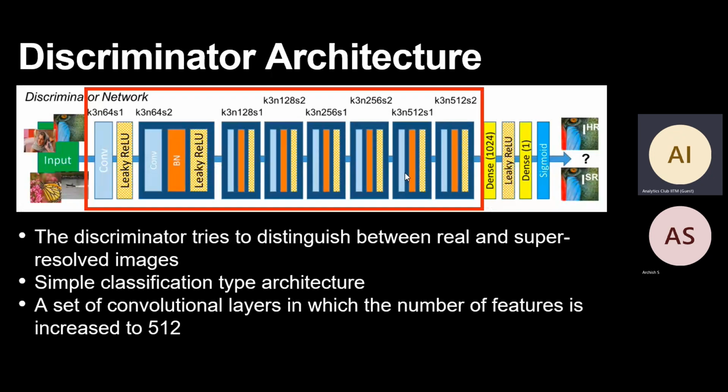What you're trying to do is capture more features in the convolutional layers. That's the first part of your discriminator. At the end, you will have an output with 512 channels, as you can see. The last convolutional layer has 512 channels.